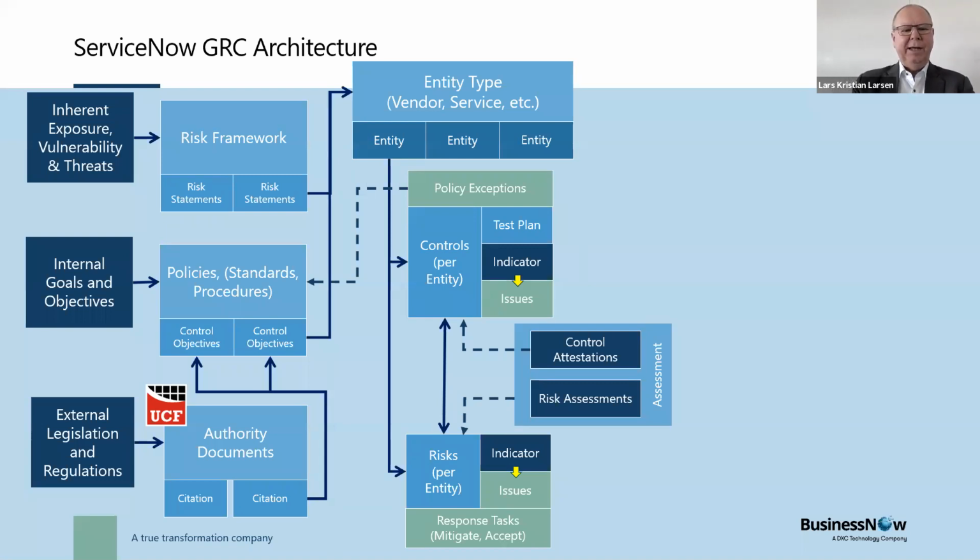So with the authority documentation and citations, with the control objectives that we have, with the risk that we identify, with the organization that we need to comply with, all of that is put into controls that people, groups and departments need to work with, and also actually say, yes, we are doing it, yes, we are controlling it in this particular way, either manually or automatically in the organization.